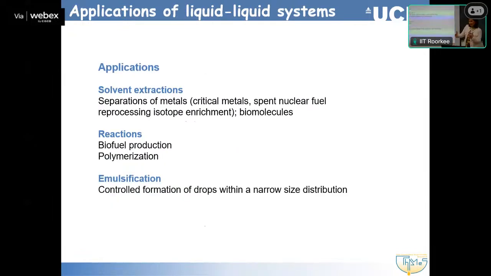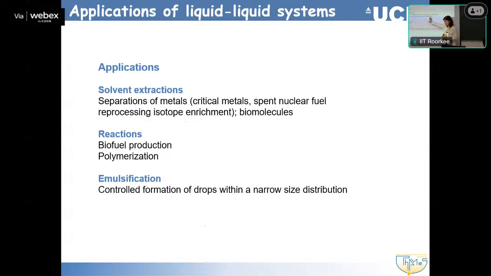So liquid-liquid systems, this is also where we have worked a lot more. One of the main applications is solvent extractions, and I will be showing you a lot more examples of that later on. Solvent extractions are used in a huge variety of industries, actually. Separation of biomolecules, there was a mention of that in the morning as well.